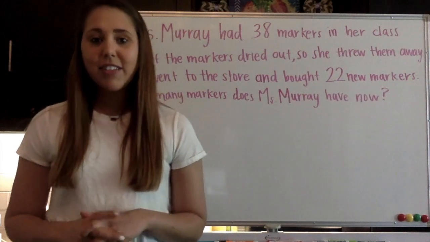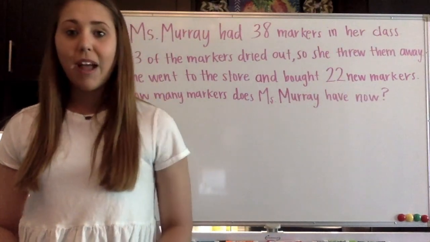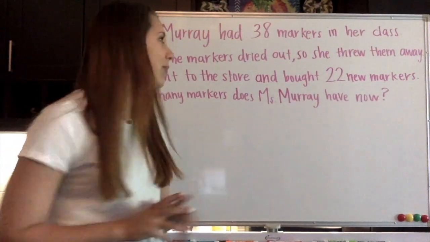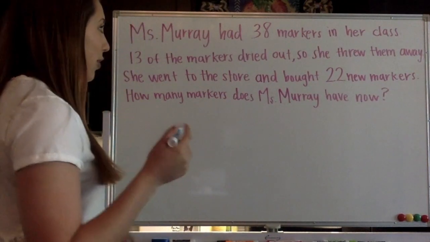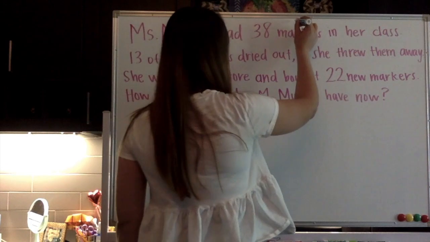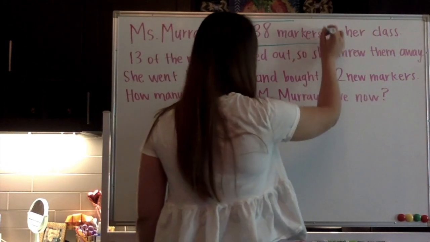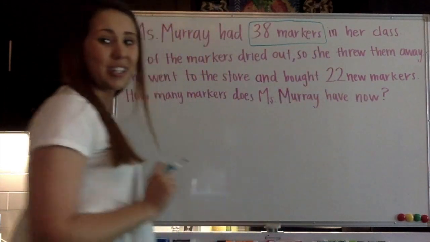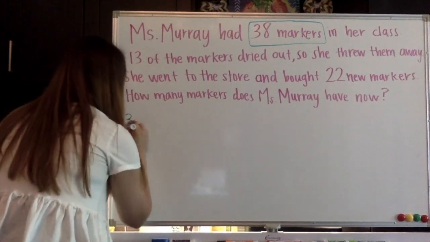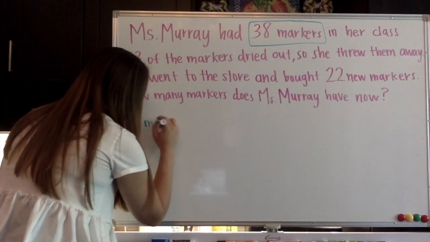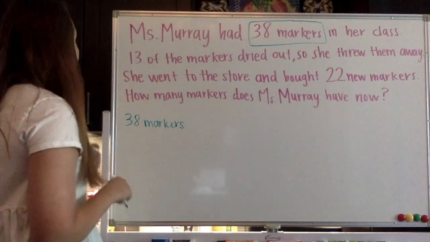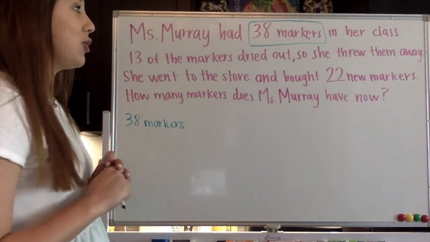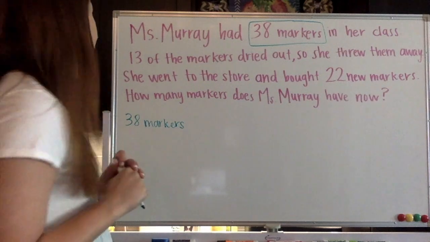So now that I've read the story, I'm going to read through and pull out that important information. So, Miss Murray had 38 markers in her class. So I know that 38 markers is important because I saw a number there. 13 of the markers dried out, so she threw them away.